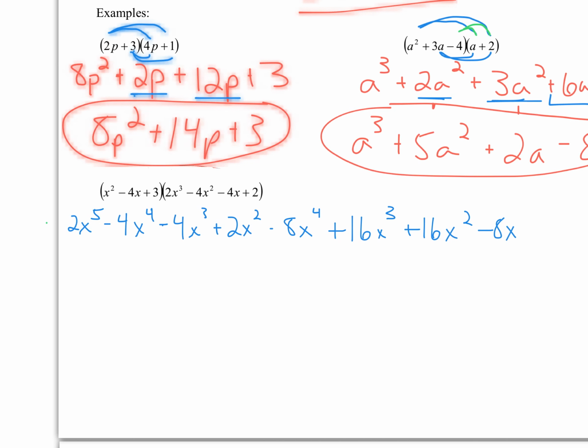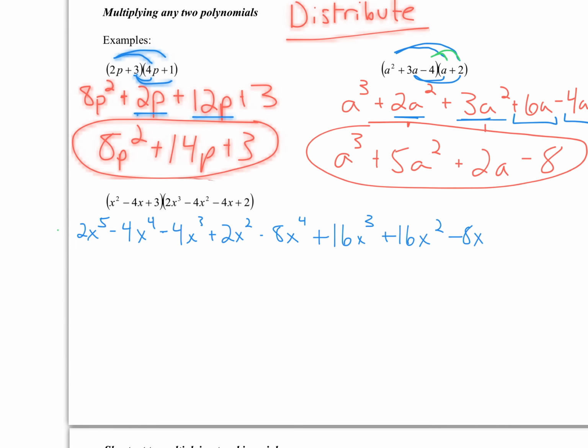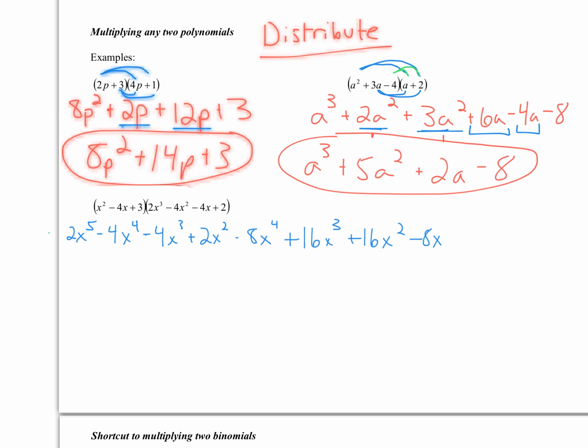I'm going to go ahead and zoom out just a little bit so I have more room on my page to write these last few terms. So this 3 now gets multiplied by the 2x cubed, plus 6x cubed. 3 times negative 4x squared, minus 12x squared. 3 times negative 4x, minus 12x. 3 times 2, plus 6.